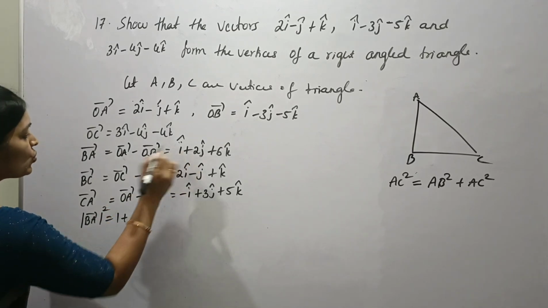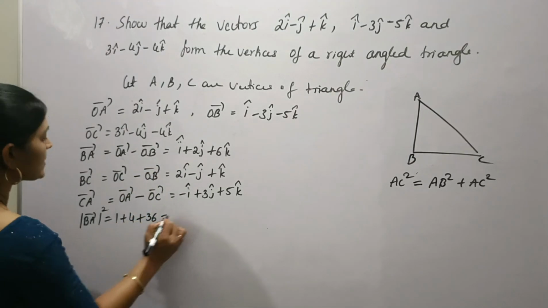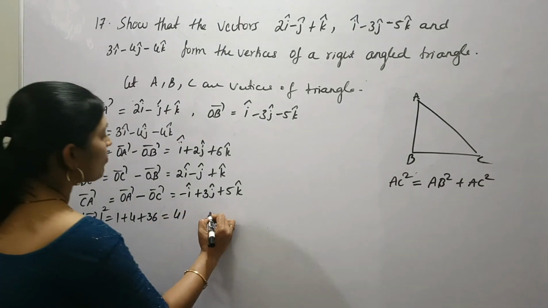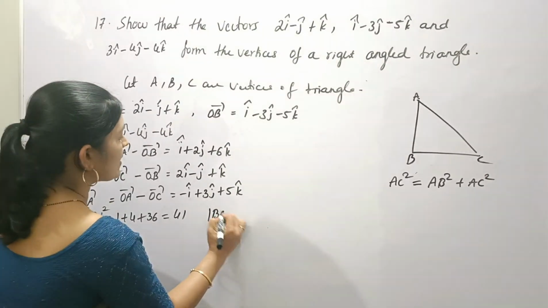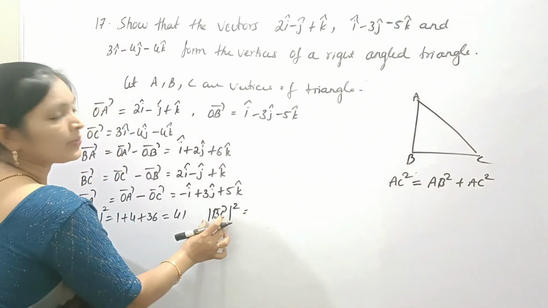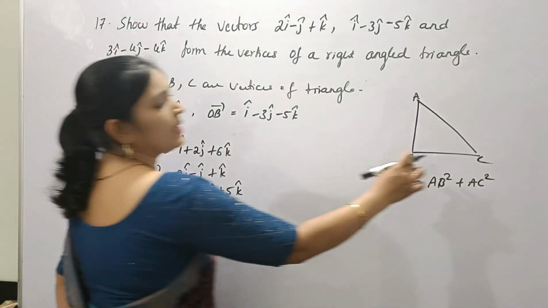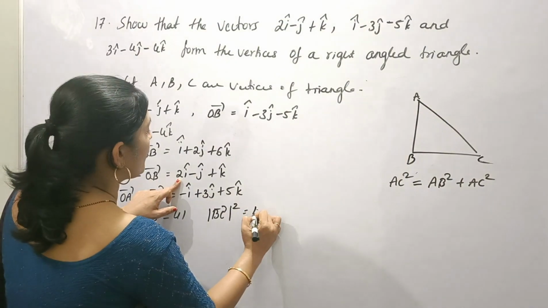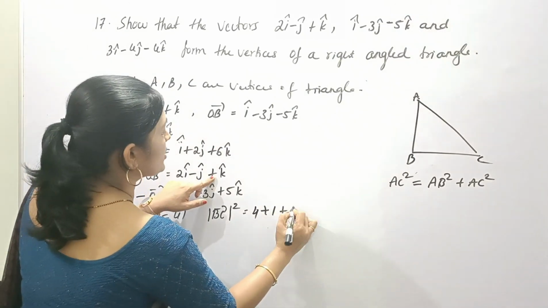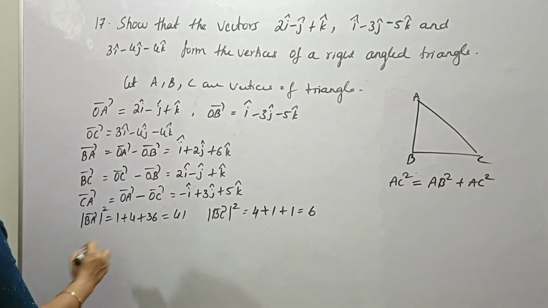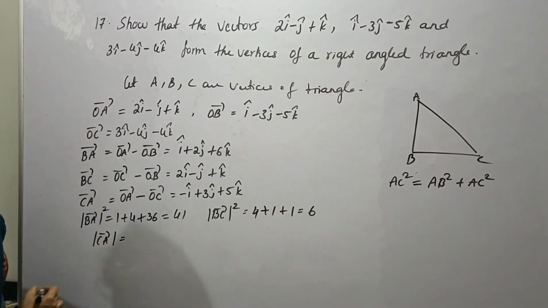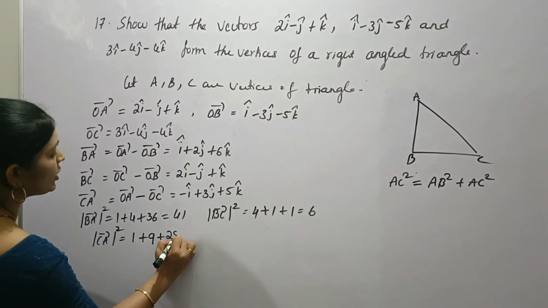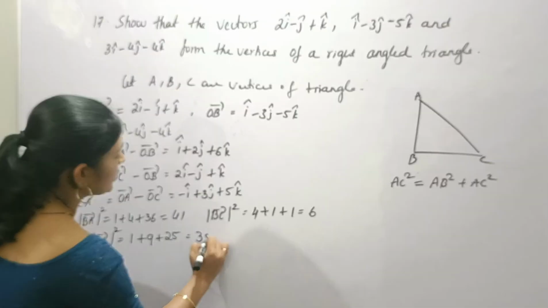It is 1 plus 4 plus 36, that is 41. Next, magnitude of BC square is 4 plus 1 plus 1, that is 6. Next, modulus of vector CA square is 1 plus 9 plus 25, that is 35.